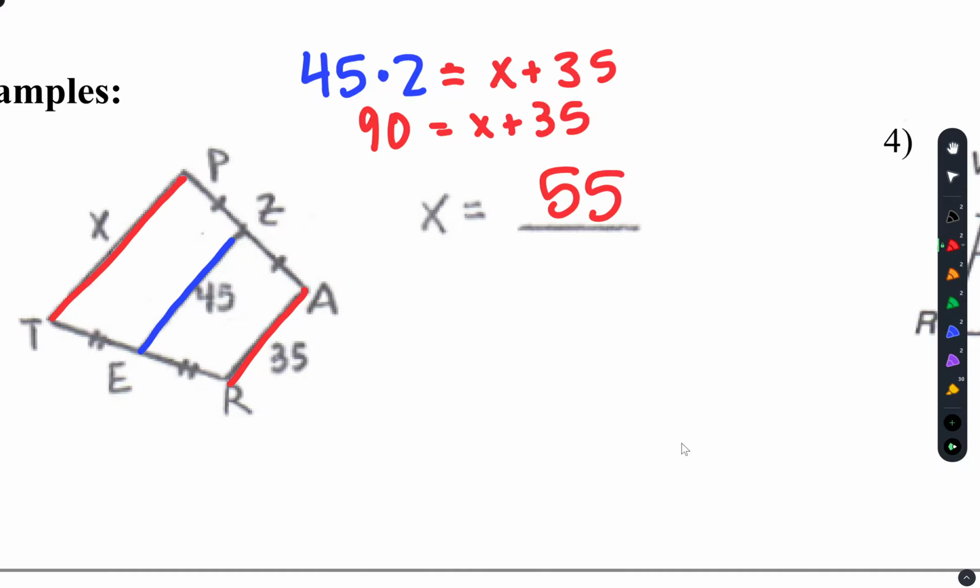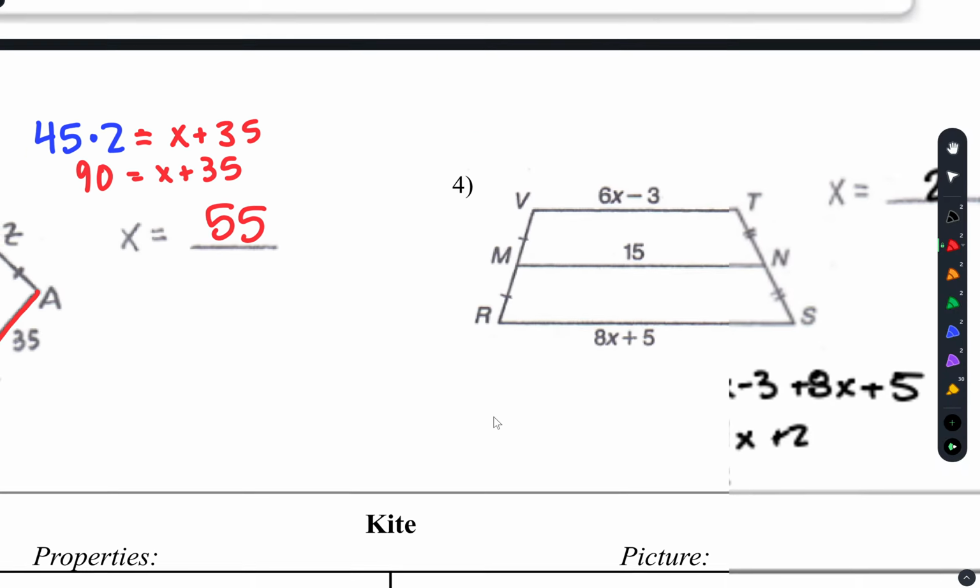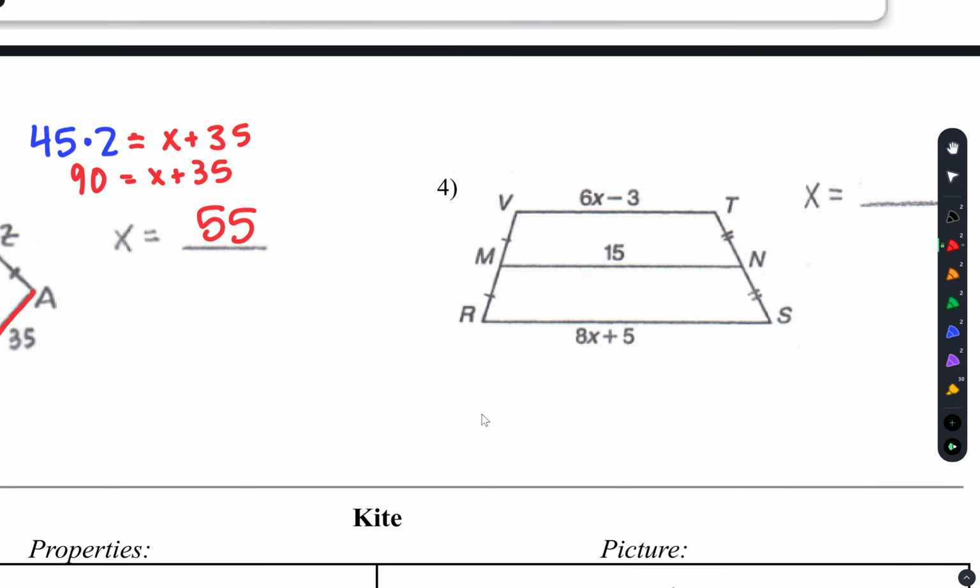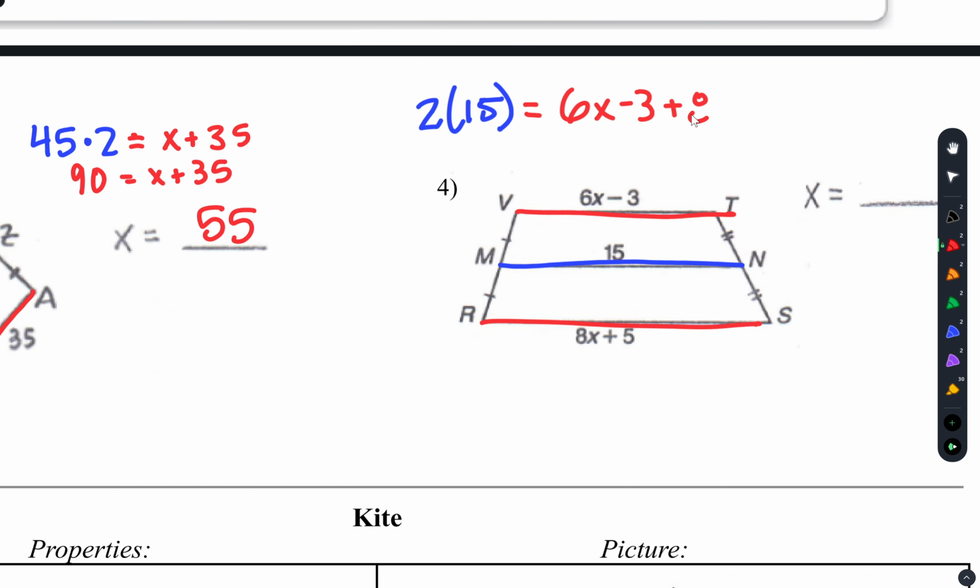Let's do it again in number 4. This one's a little bit more tricky because we have x's, but the formula is the same. I want 2 times the midsegment, so 2 times 15 equals the two bases added together. 6x minus 3 plus 8x plus 5.